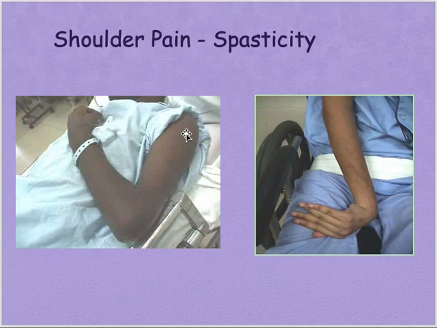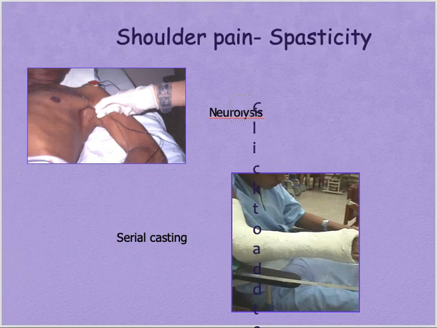And how can we feel it? Basically, we compare both shoulders and we see what is the gap between the acromion and the humeral head. So the shoulder which has pain has an increased gap, which means the shoulder is subluxated. Okay, the shoulder is subluxated, it's not at its original position.